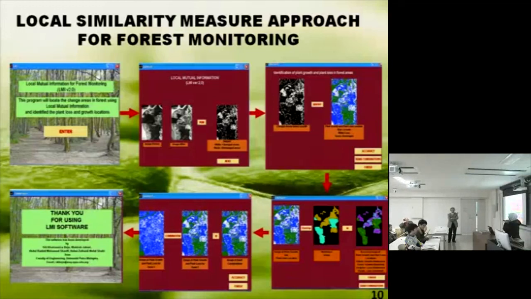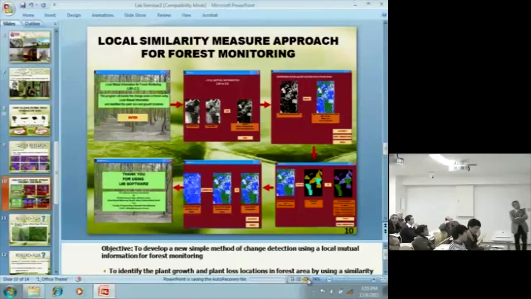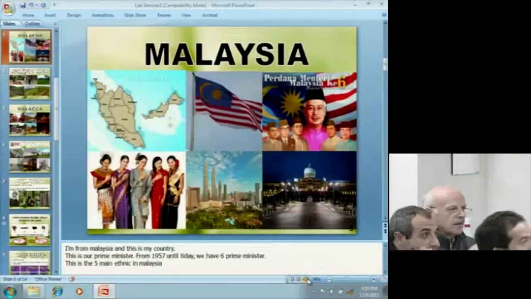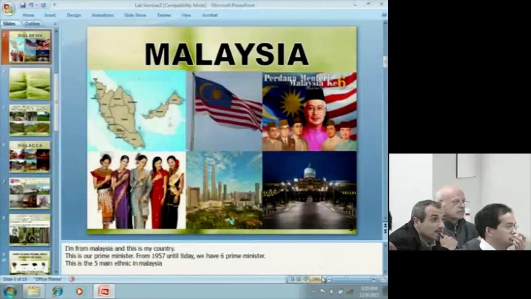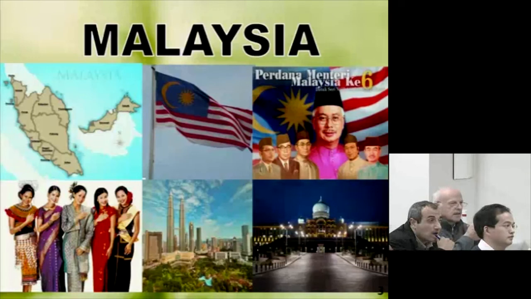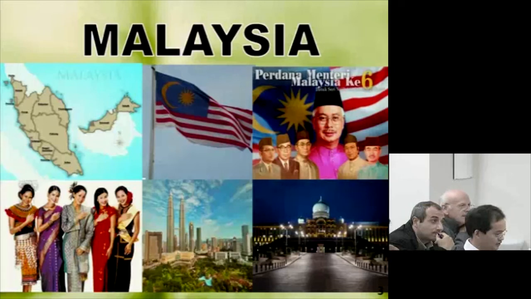A related question. Could you go to slide 3, please? You mentioned many places. I would like you to point out where your university is. Where are you from? I'm from Malacca. Okay, and my university is here, Selangor.